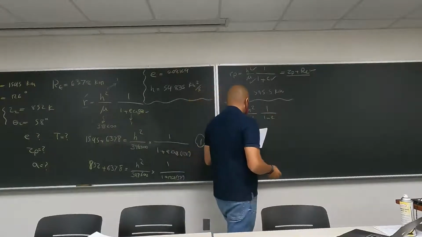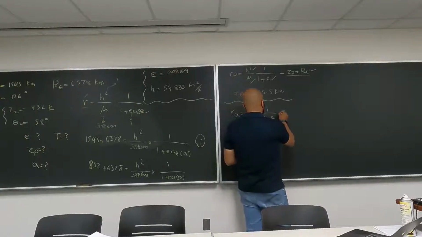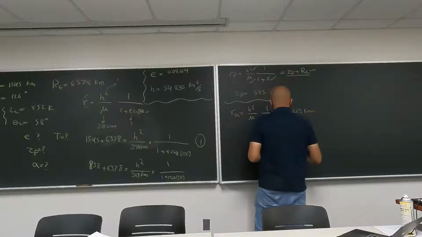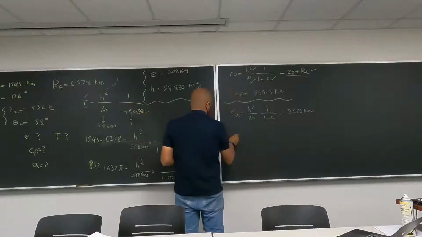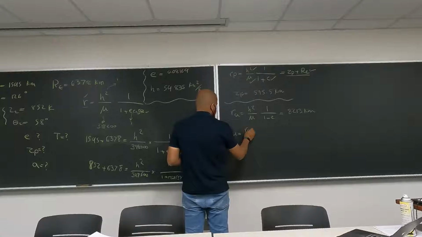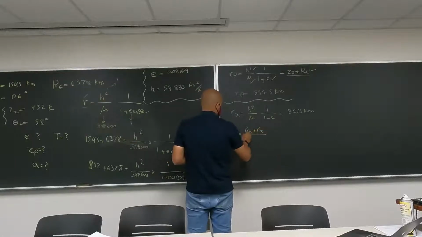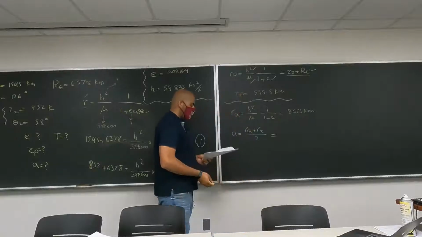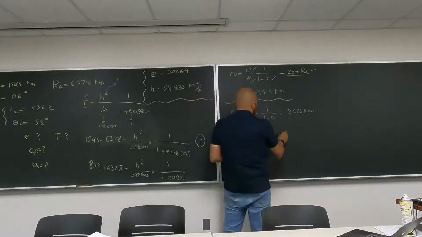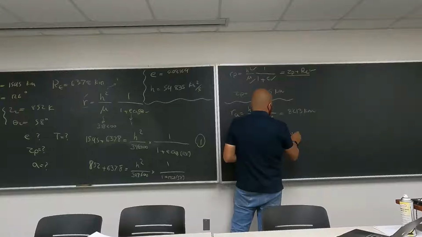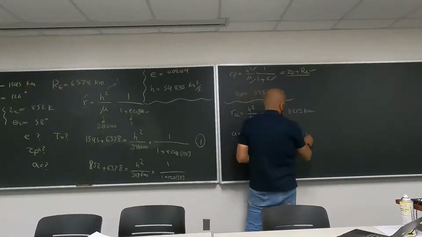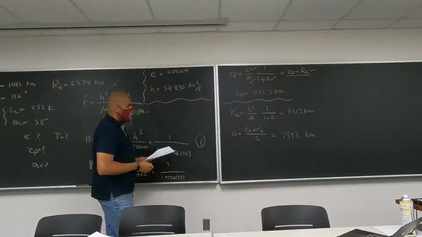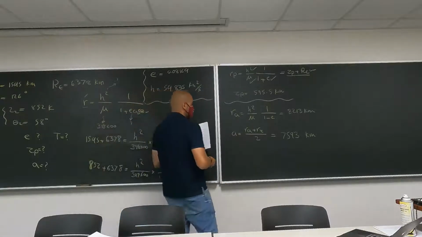If you plug in the numbers, your RA is going to become 8,213 kilometers. And we can find the semi-major axis, RA plus RP divided by 2, right? Which is going to be equal to 7,593 kilometers.